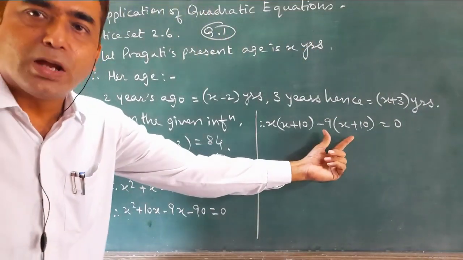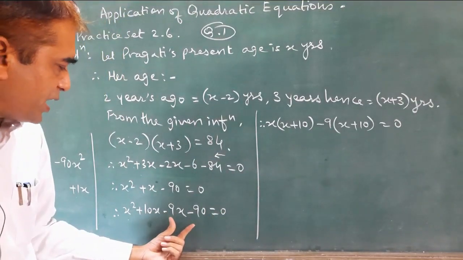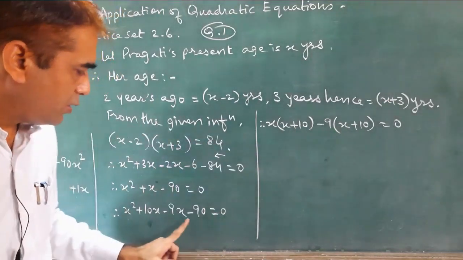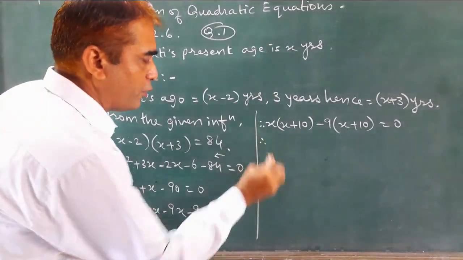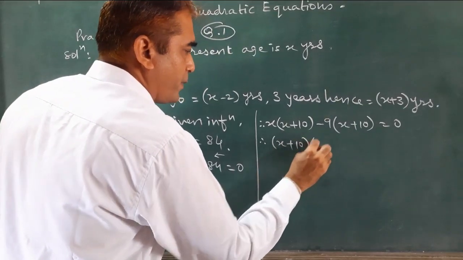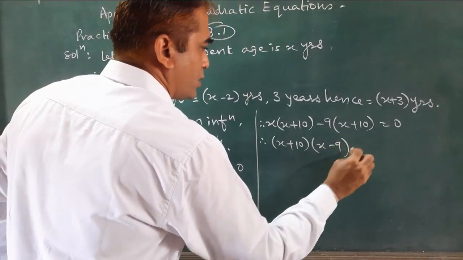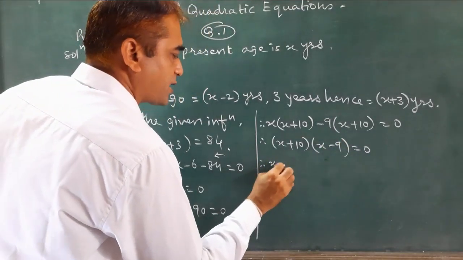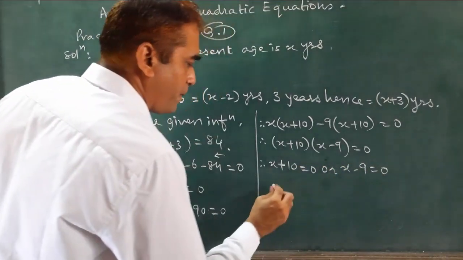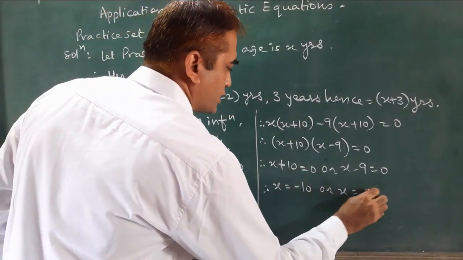After multiplying we should get the same terms again: minus 9 into x, minus 9x, minus 9 into 10, minus 90. Therefore now x plus 10 is the common factor. In one bracket x plus 10, in other bracket x minus 9 equals 0. Therefore x plus 10 equals 0 or x minus 9 equals 0. Therefore x equals negative 10 or x equals 9.